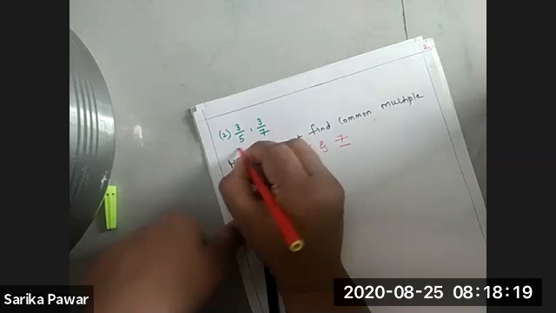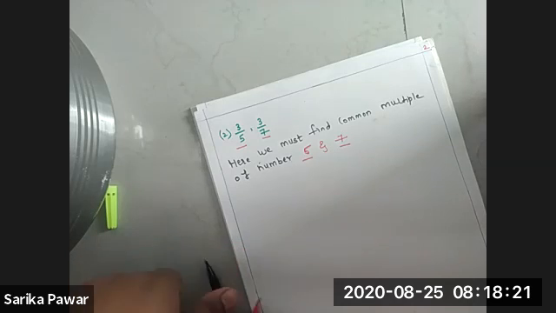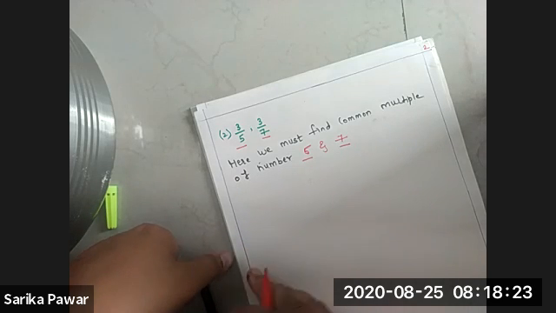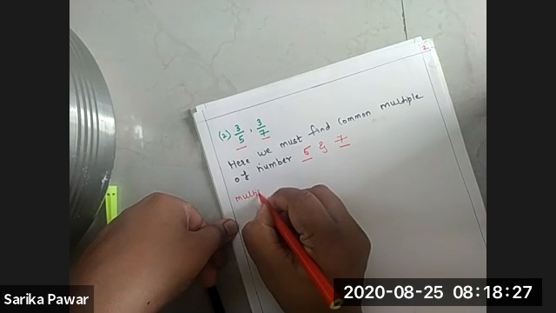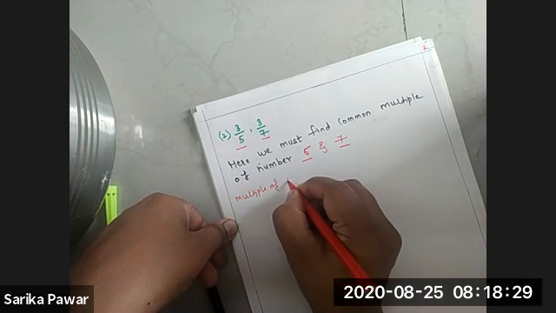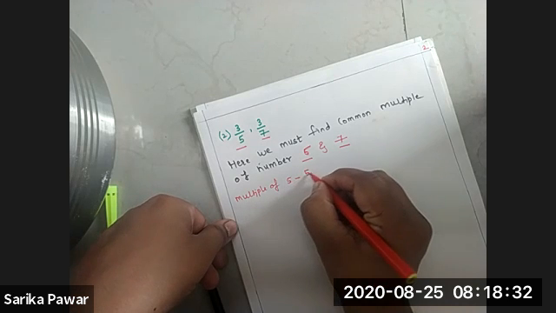These are the two unequal denominators. So here, the multiples of 5. Write down the table of 5.